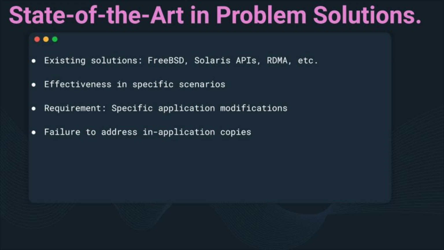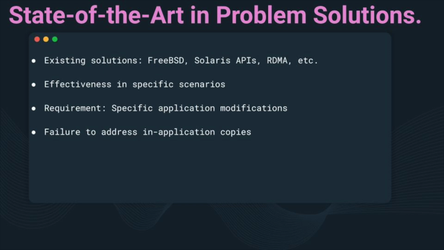Despite their effectiveness in certain scenarios, these solutions often necessitate specific application modifications, which most people do not like. They predominantly fail to address the majority of copies occurring within the application, thus limiting their overall impact on performance and efficiency.